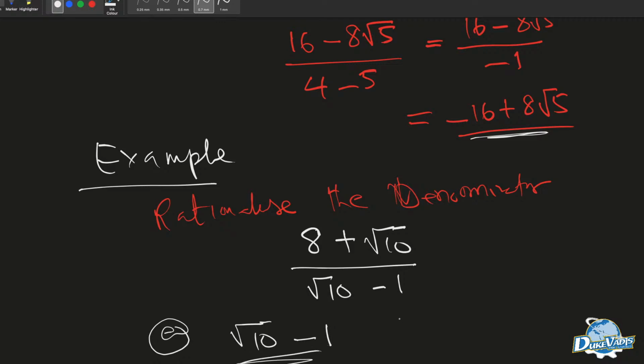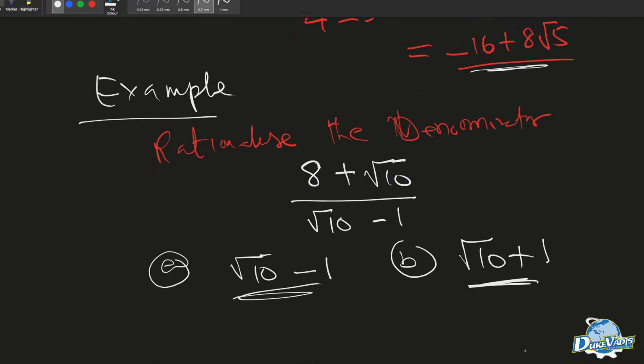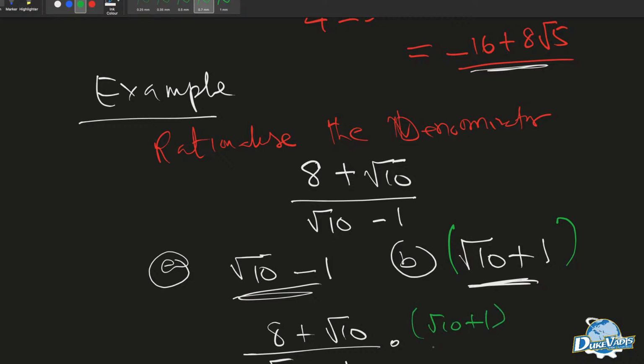The next step is to change the sign, so this one will become √10 plus 1. This is what we are going to use. The question given is 8 plus √10 all over √10 minus 1, so we are going to multiply this result to both sides. So this one will be √10 plus 1 all over √10 plus 1.